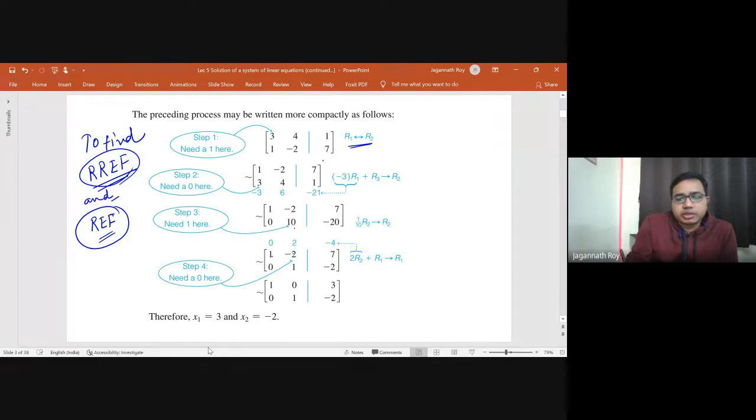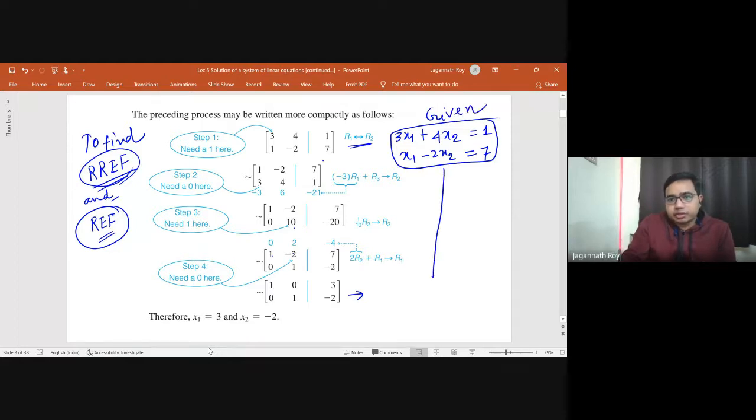So what we do here is we have taken the augmented form. Now this system is actually equivalent to the system 3x1 plus 4x2 equals 1, and then x1 minus 2x2 equals 7. So this is our given system.